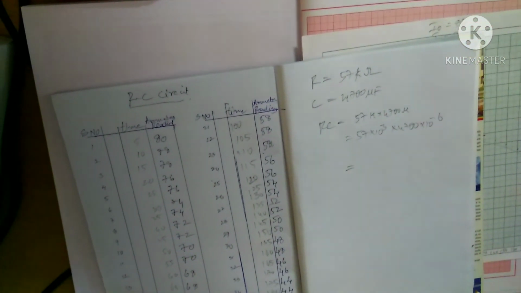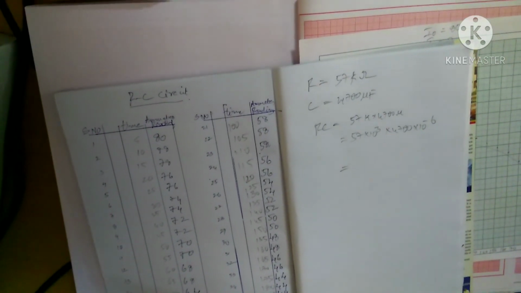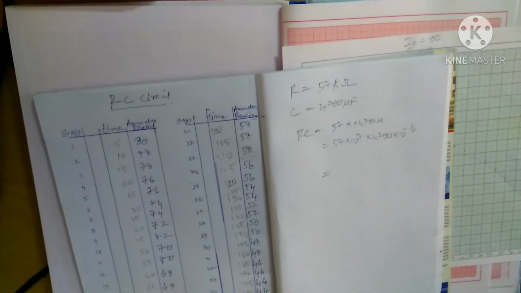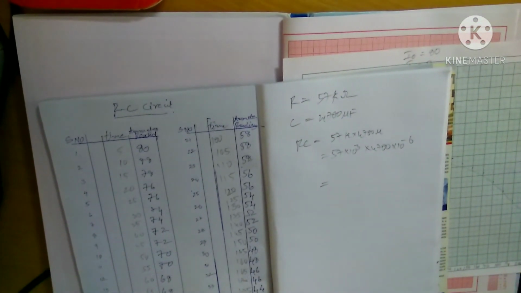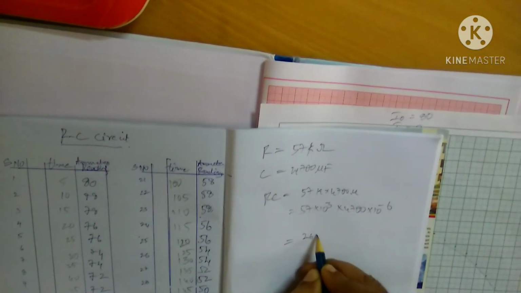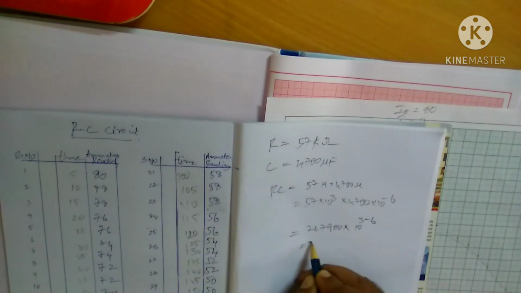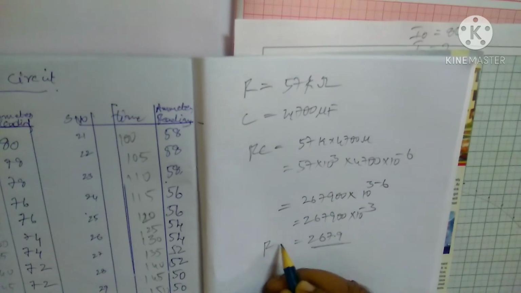So finally what is that we get? 57 into 4700, we get 267,900 into 10 power 3 minus 6. So this is 267,900 into 10 power minus 3. We get 267.9. So this is the value of RC.